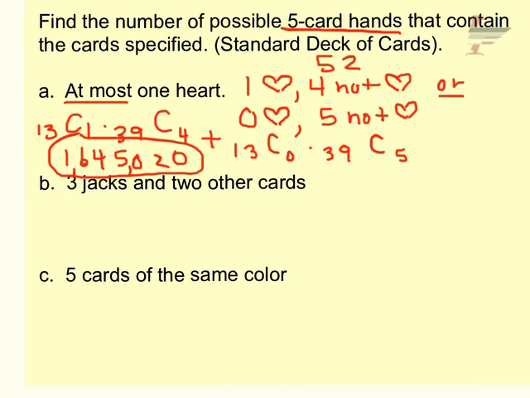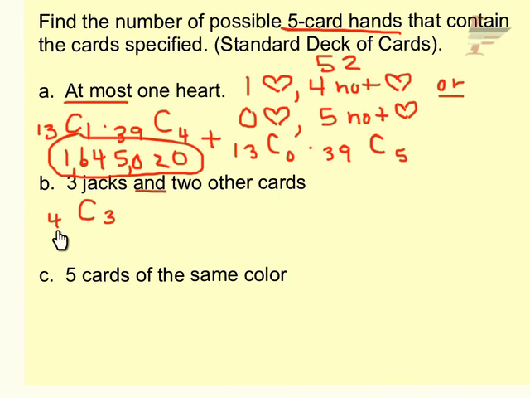Okay, part B says you want 3 jacks and 2 other cards. Now notice it's "and", so it's an exact situation, so this is a little bit easier. So how many jacks do you have in a deck? 4. So I have 4 of them to choose from. How many ways can I choose 3? Then 2 other cards. Well, other cards implies it's not a jack.